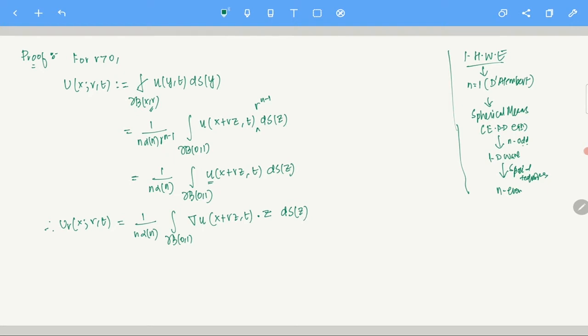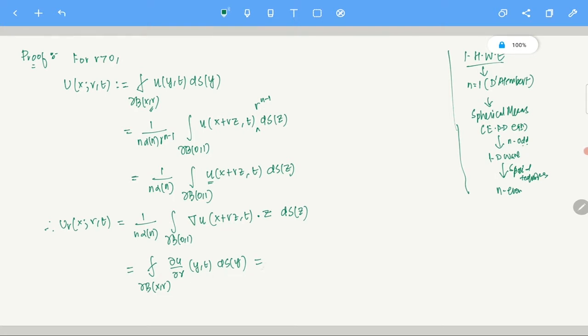Clear? Now again, if I convert it back to the del B(x, r) case, let me write it down. You can figure it out yourself. So this is the average over del B(x, r) of del u del gamma of (y, t) dS(y). You remember this formula, right?